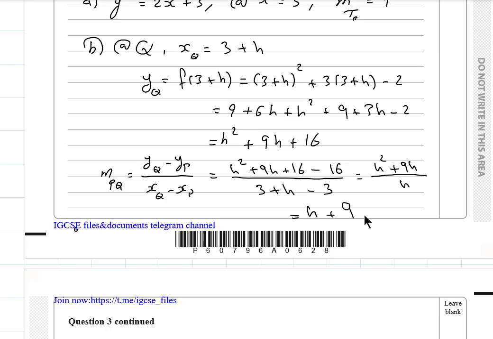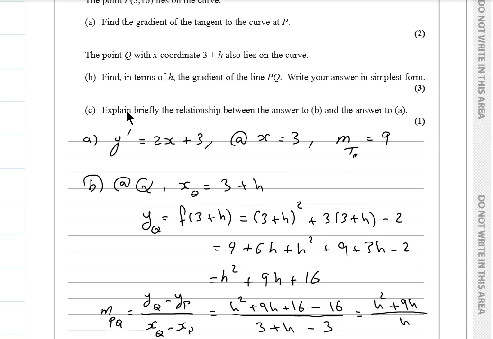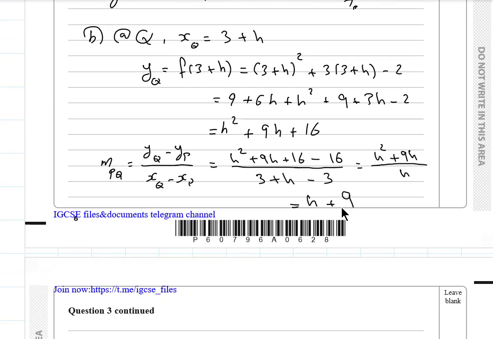Okay? C. Explain briefly the relationship between the answer to B and the answer to A. Don't forget the answer of A was 9, right? The gradient of the tangent at P was 9, and the gradient of PQ is h plus 9.